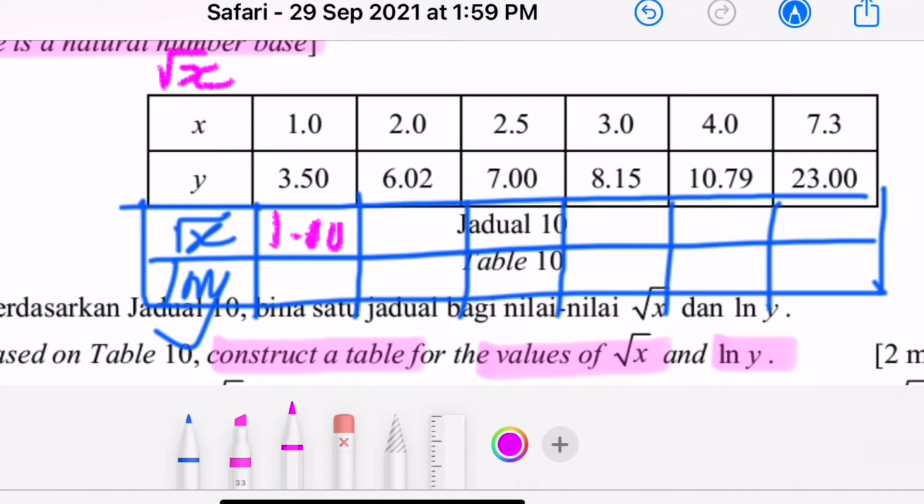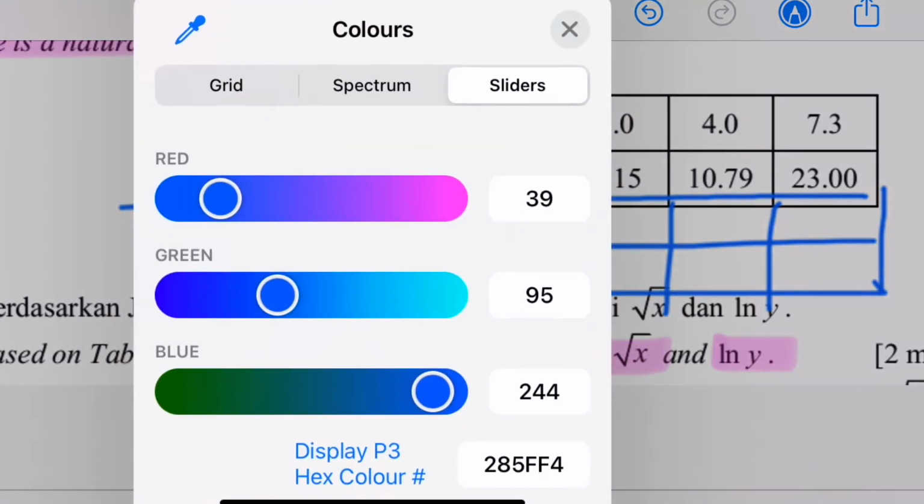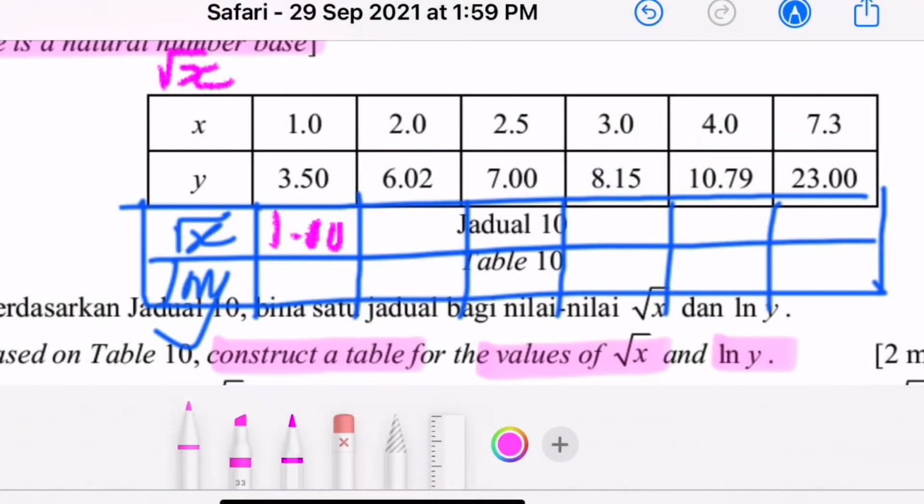Square root 2, you get 1.41, right? Use 2 decimal places. Square root 2.5, you get 1.58. Square root 3.0, you get 1.73. Square root 4, of course, is 2.00. And square root 7.3, you will get 2.70.